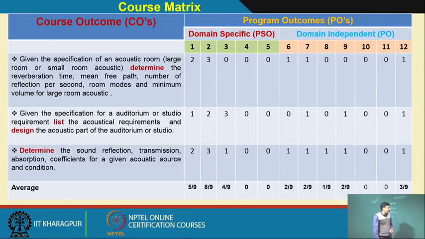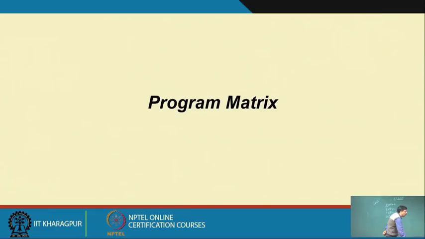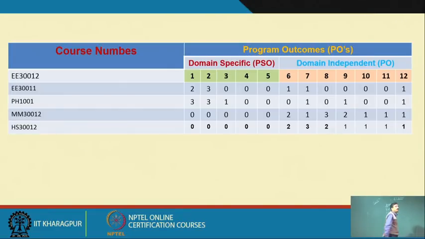Then I find the average, I take all the average values. And this weight factor I can put in the program matrix. Based on that average I can put some weightage here also.